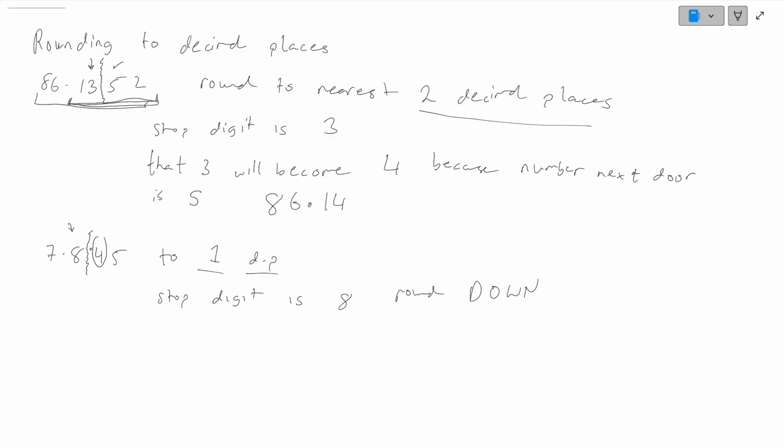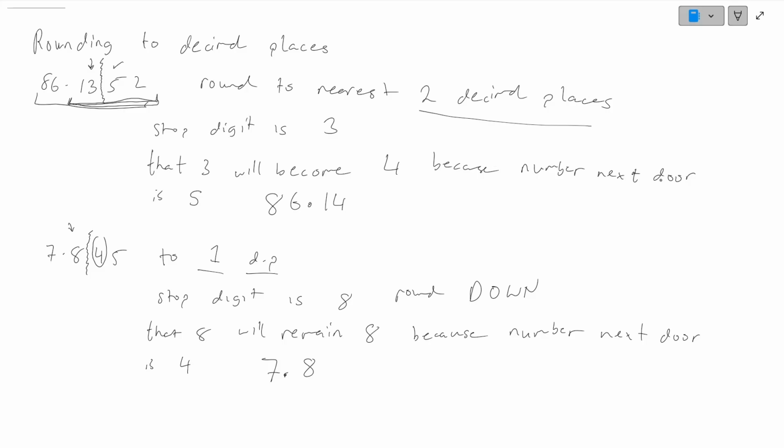Rounding down means we leave that stop digit as it is. Remember, rounding up, we increase by 1. Rounding down, we leave it as it is. So that 8 will remain 8 because the number next door is 4. Therefore, my final approximation of 7.845 to 1 decimal place is 7.8.